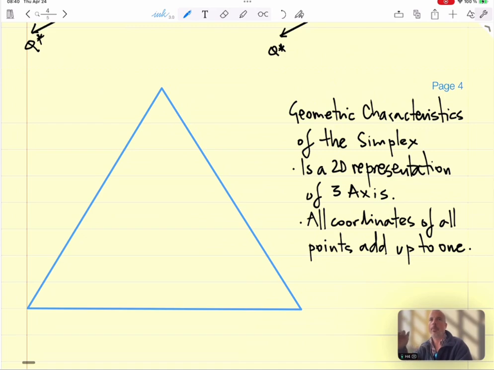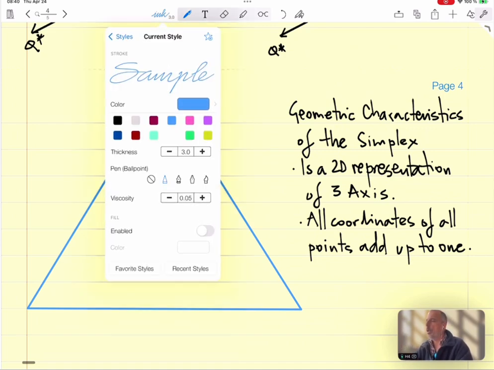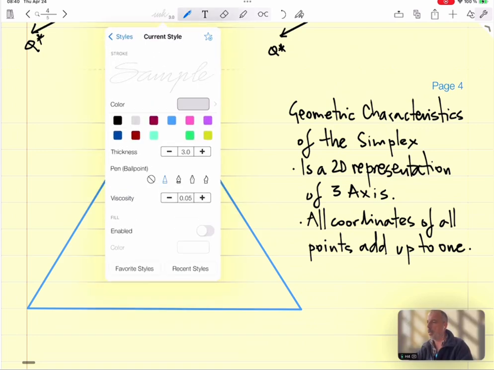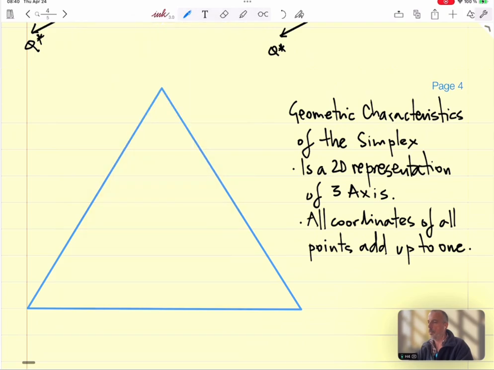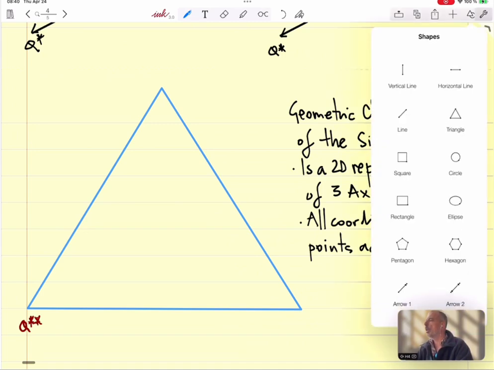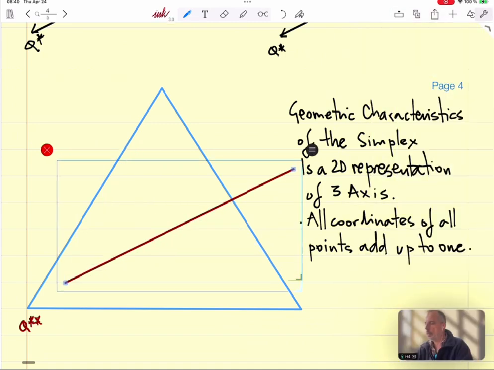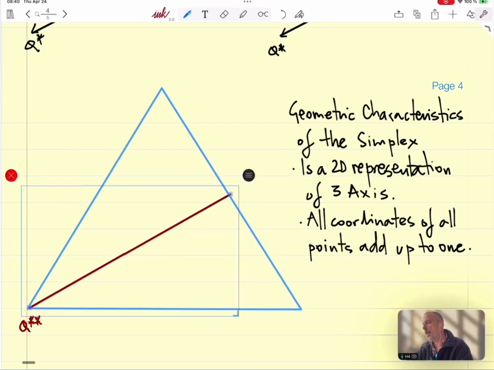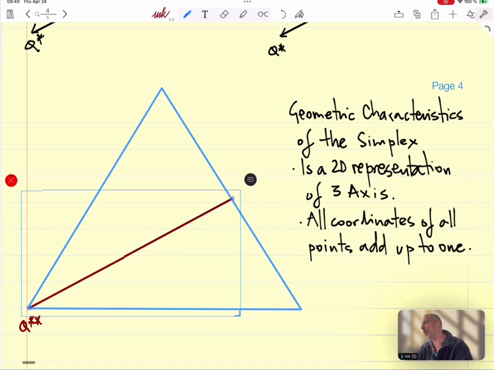So you have 3 axes. The 3 axes are going to be, let me use this color, this is Q star. Actually, it's going to be Q star star. And then we have one axis describing Q star star that goes from this point to the middle point of the other side. Okay, so like there.